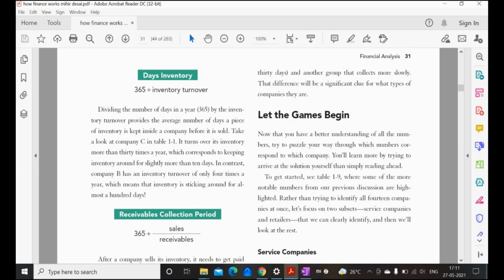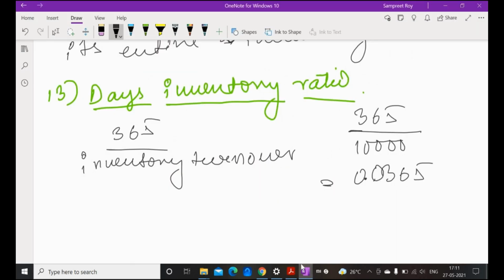Okay, here I made a slight mistake because inventory turnover in this case will be the ratio, right? Suppose inventory turnover ratio was 2 is to 1, right?